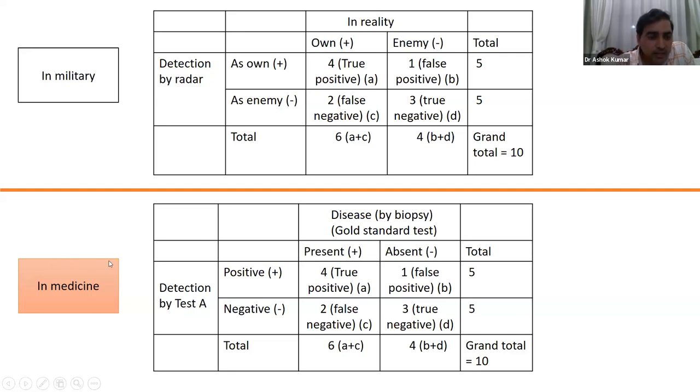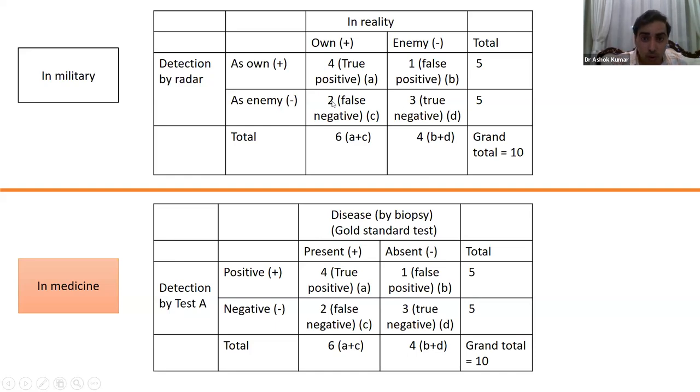When we take medicine, it is detection by a test A. For example, test A could be a diabetic test, a hypertension test like a BP test, any other test, or an HIV ELISA test, or hepatitis B, hepatitis C test. It is detected as positive, that is plus, and negative, that is minus. Disease, for example by biopsy as the gold standard test, is present or absent.